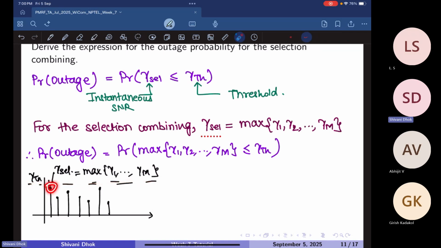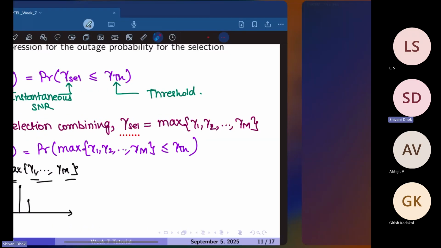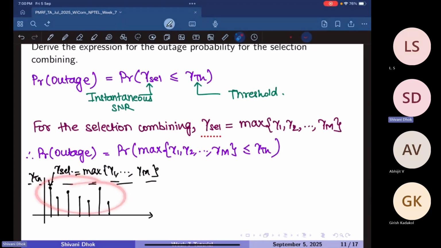If the maximum value is less than or equal to the threshold, all the other values should also be less than or equal to the threshold.